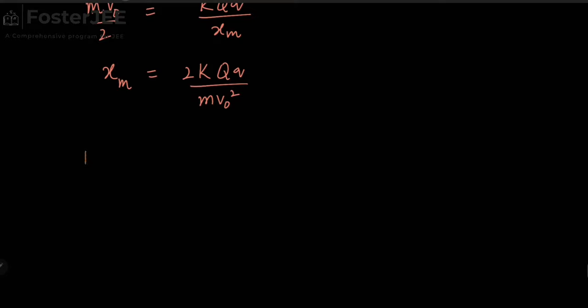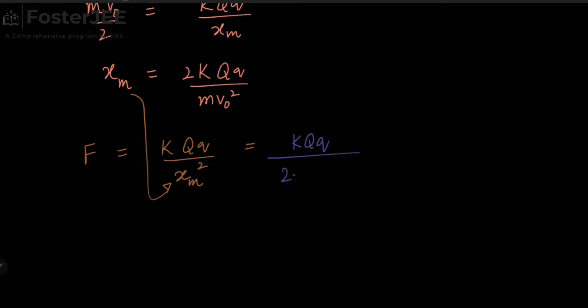So at that time, the Coulomb force F will be kqq upon xm square. Putting the value of xm here, we get kqq upon the whole square of 2kqq upon m v naught square.